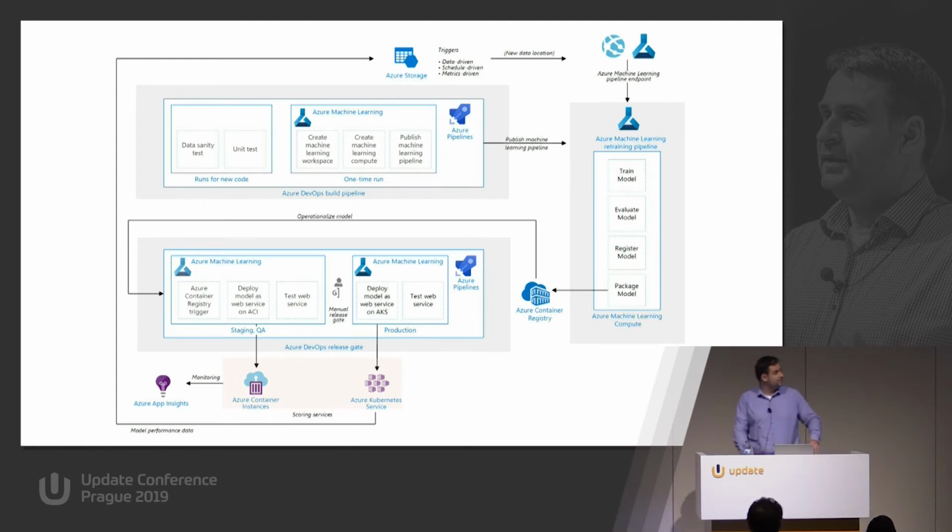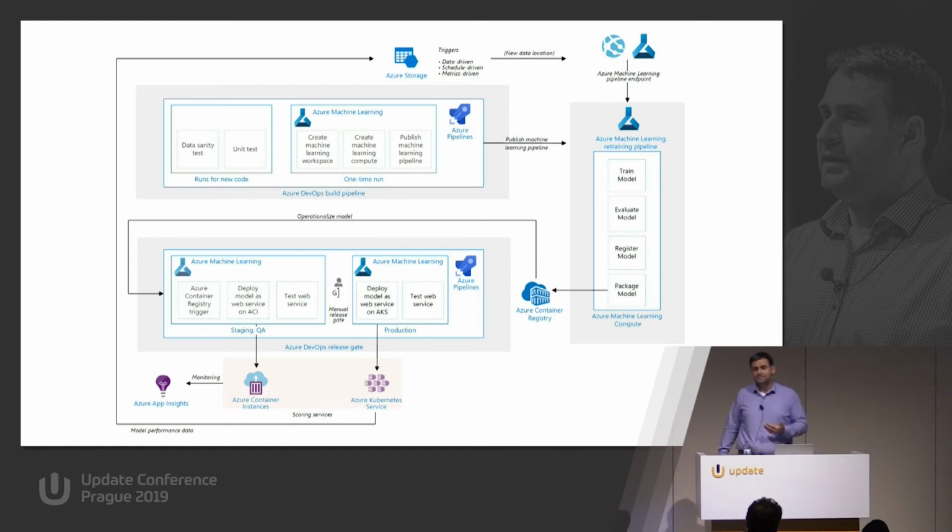Through that Azure machine learning training pipeline that you see on your right side of the screen, you are actually doing 4 major steps. Number 1, you are training your machine learning model. Number 2, you are evaluating your machine learning model against the previous version, because you don't want a model that is worse than the previous one to be published.